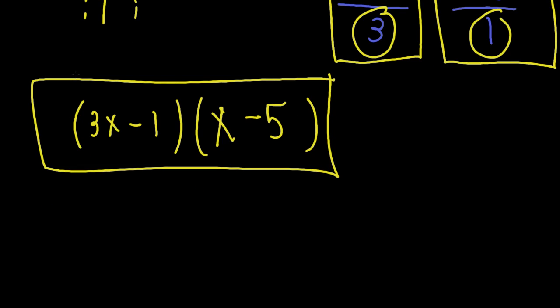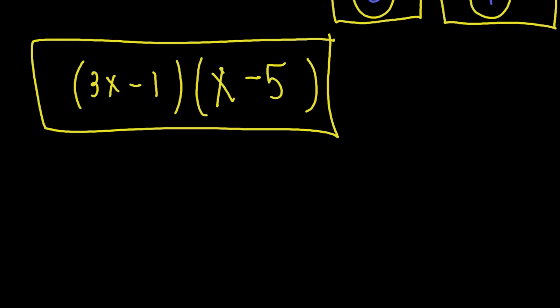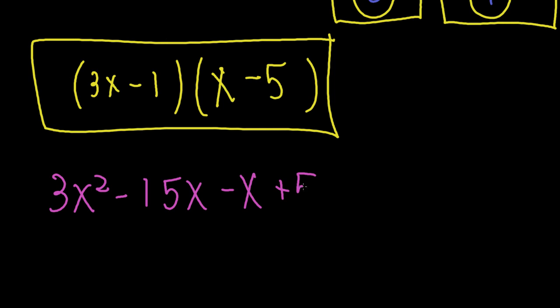We can also check and see if we're right through the normal method. I have 3x times x gets me 3x squared. Then 3x times negative 5 gets me negative 15x. Negative 1 times x is negative x, and negative 1 times negative 5 is positive 5.